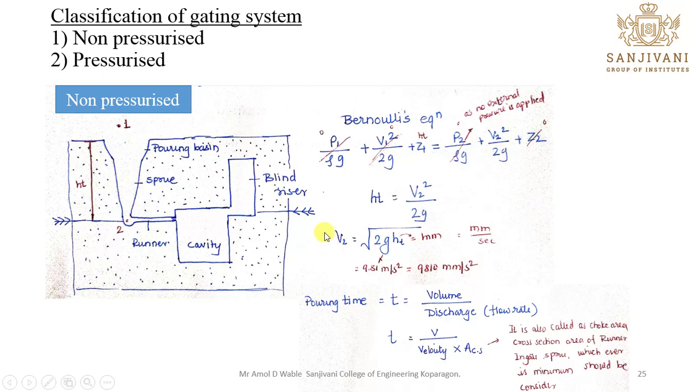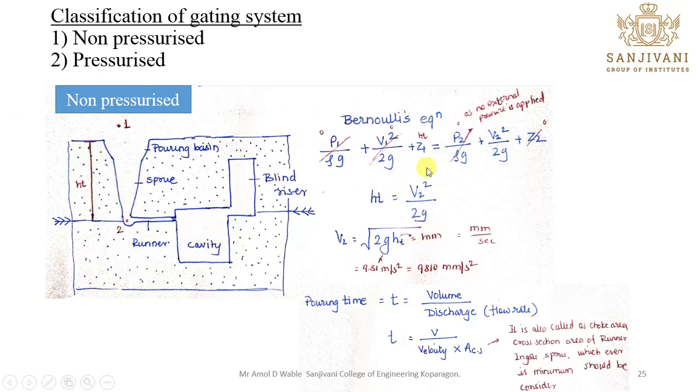We are interested in finding out values like pouring time, that is, what time you require to fill this cavity, which depends on the exact velocity of the flowing molten metal. Once you get the velocity of the molten metal, you can find out the pouring time, so that you can reduce defects like cold shut, and you can fill the cavity before the metal solidifies.